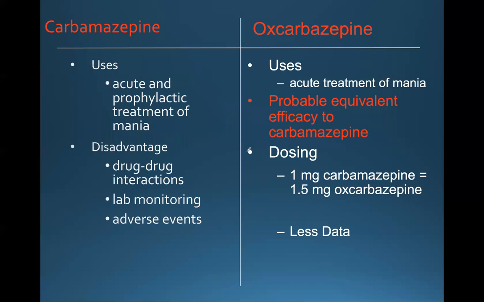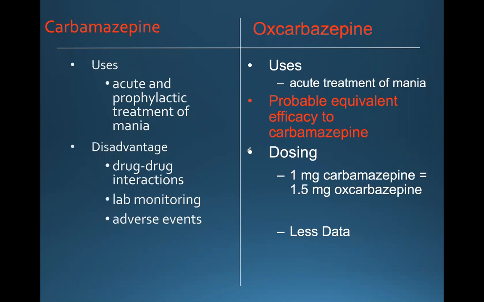Now, we'll come back to oxcarbazepine, but this drug came out, and with carbamazepine, we saw it used for a number of things, but one of the big issues was we had a lot of drug-drug interactions, more lab monitoring and adverse events. And oxcarbazepine actually came out, and people suggested that it might be equivalent in efficacy to carbamazepine.